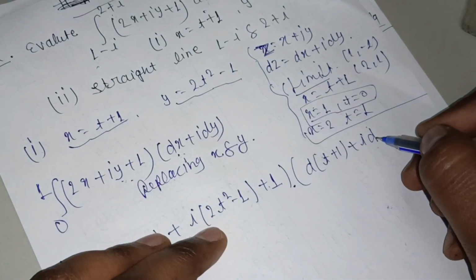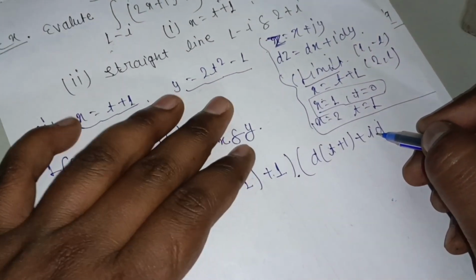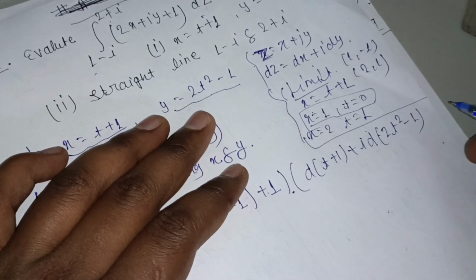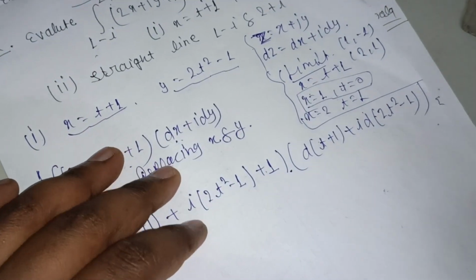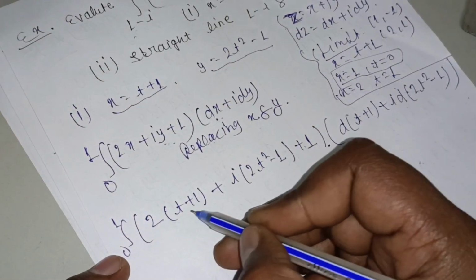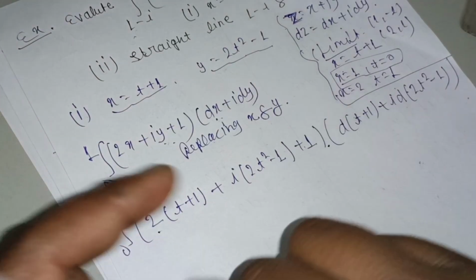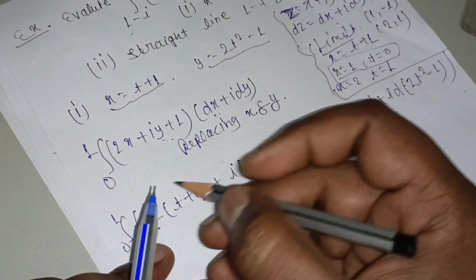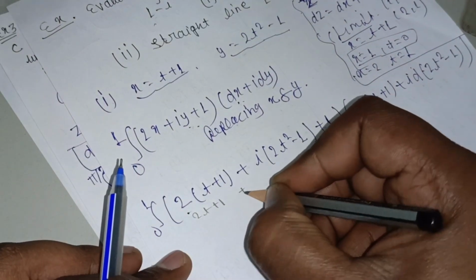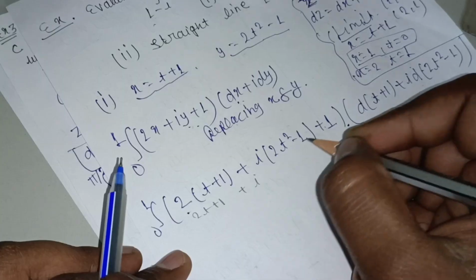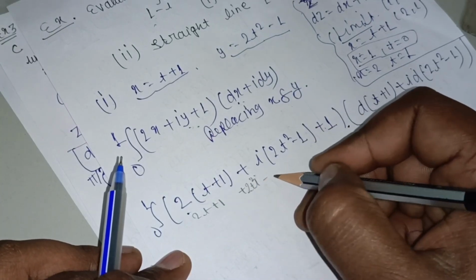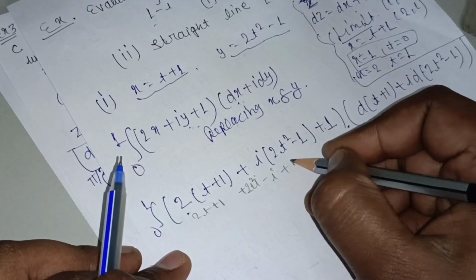Iota dy is, what is y? Y is 2t square minus 1. Okay, so now simply solve this one. If we are solving it roughly, then it will be 2t plus 1 plus iota 2t square iota minus iota plus 1.